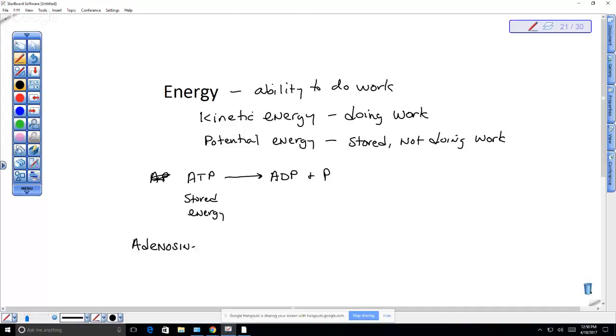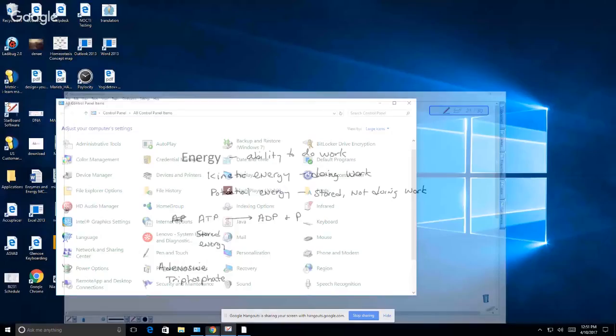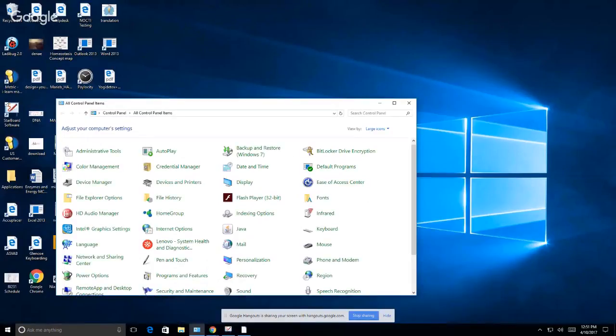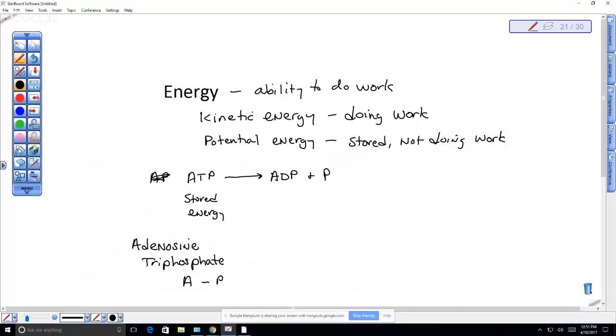Adenosine triphosphate. So adenosine is kind of like the building block, and it has 3 phosphate atoms molecularly, covalently bonded to one another. So we can write it as, if I wanted to write what it looks like, adenine, and then I would have a phosphate, a phosphate, a phosphate.